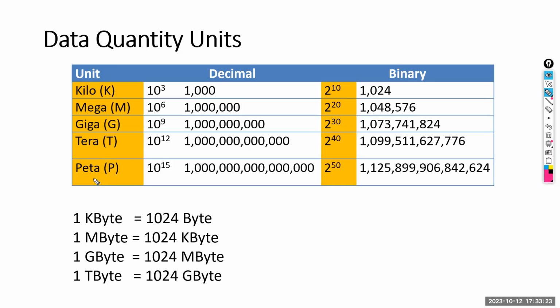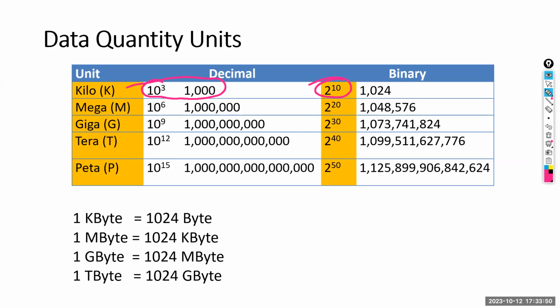But there's a difference. In normal systems like kilograms and kilometers, 10 to the power 3, or 1000, is kilo. 1000 grams is 1 kilogram, 1000 meters is 1 kilometer. But in data, remember, we are interested in powers of 2, and 2 to the power 10 is kilo.